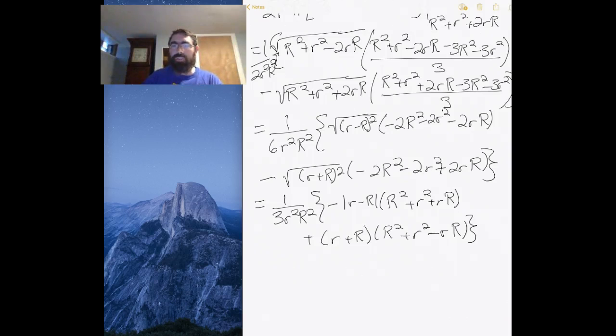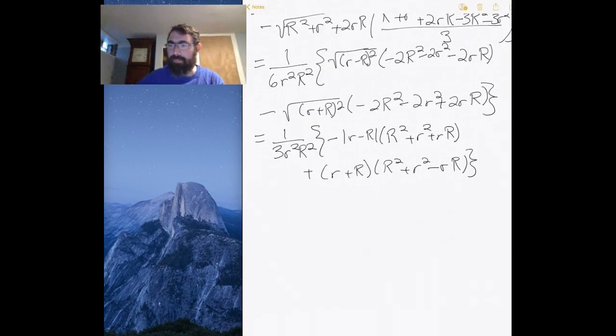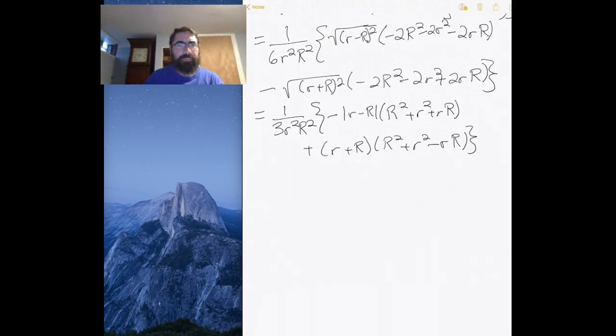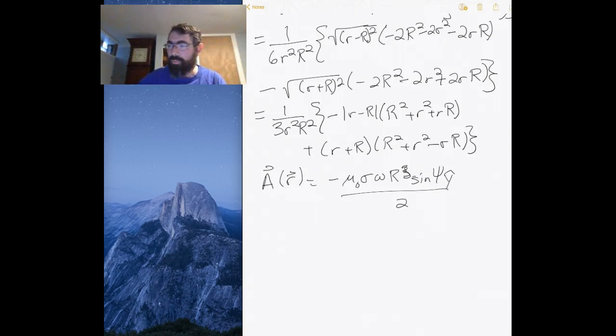So again, I factored a 2 out of both of those parenthesis terms above. Okay, and then what I have is the vector potential is equal to minus a bunch of constants times this integral that we are trying to solve.